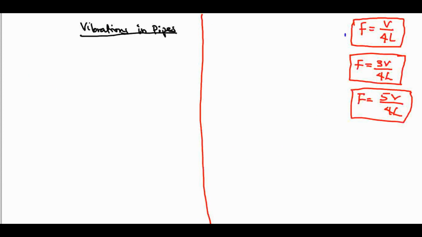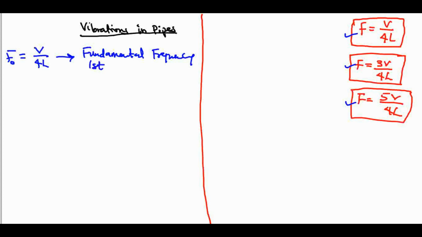Okay, from this, and this, we have F fundamental, and we want to represent it with F naught is equal to V over 4L. And this, just like what we did in our previous video, we are calling the fundamental frequency, and we are also calling it the first harmonic.